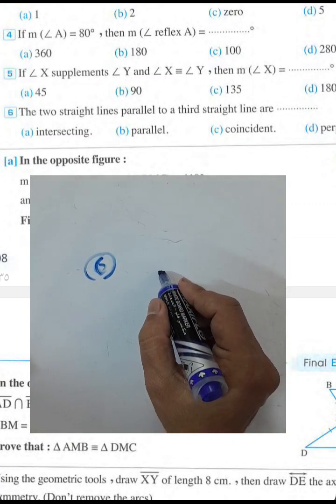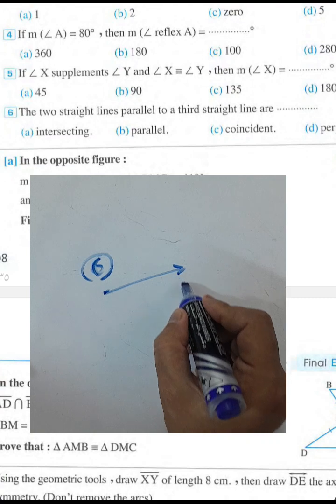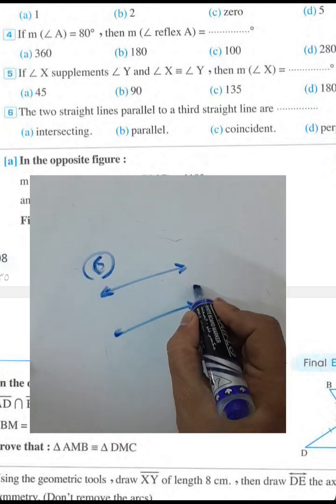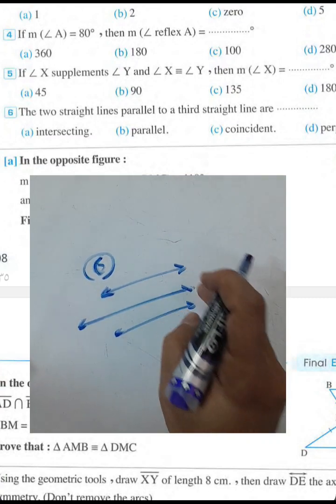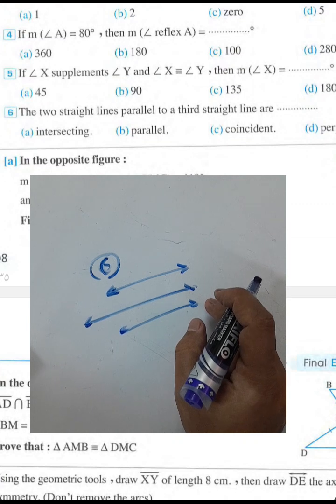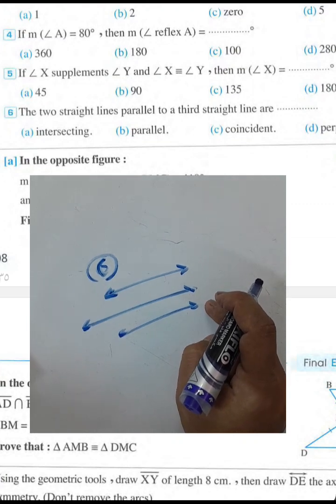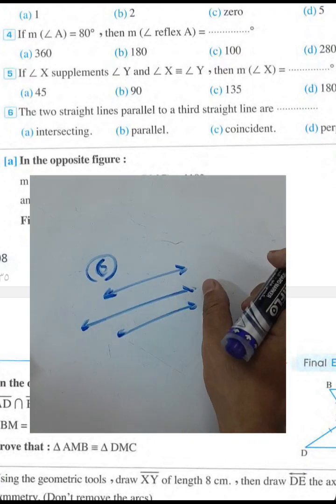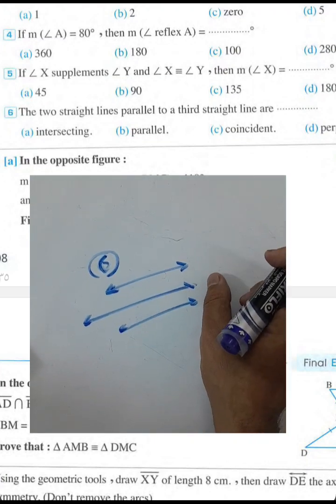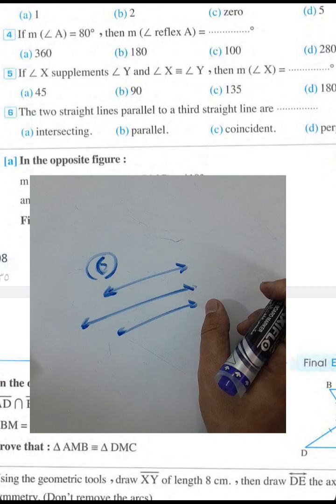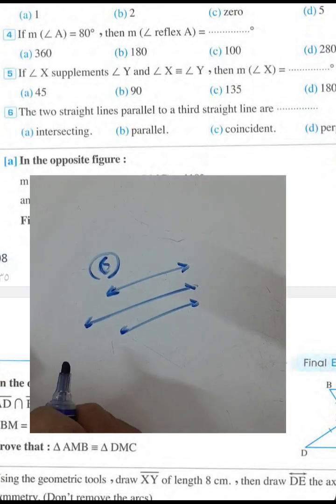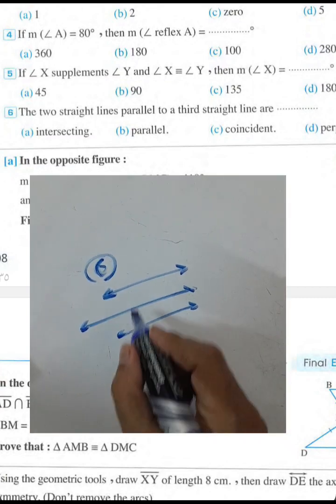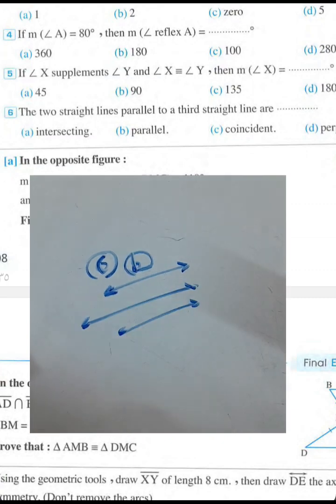We have two straight lines parallel to the third, then the two straight lines here will be parallel again. Okay, choose letter B. If we have two straight lines parallel to the third straight line, then the two straight lines will be parallel. Choose letter B. Next question.